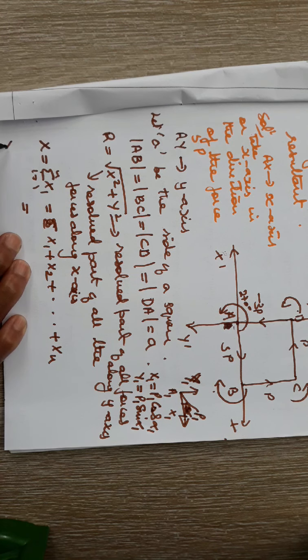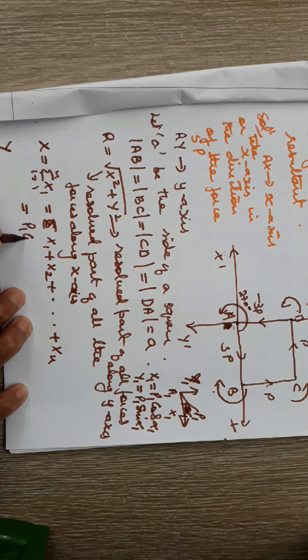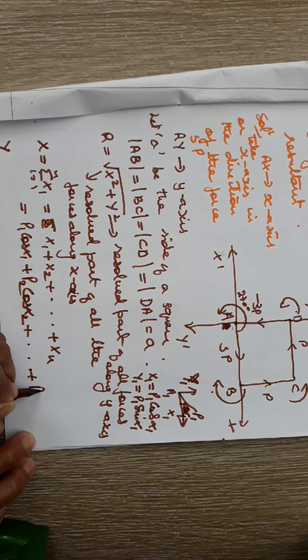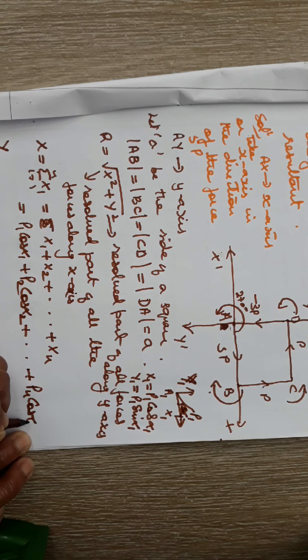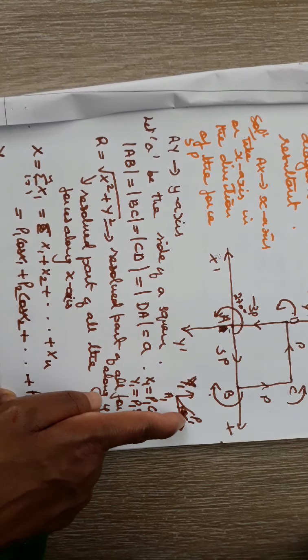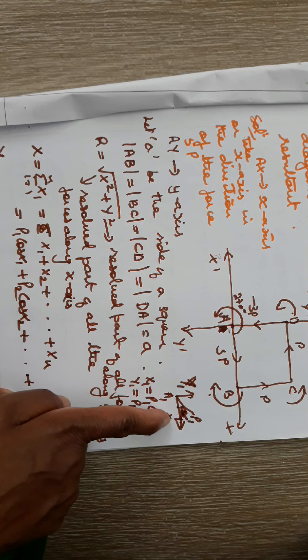Similarly, for X we have P1 cos alpha 1 plus P2 cos alpha 2 plus up to Pn cos alpha n, where alpha 1, alpha 2 and so on are the angles made by the forces P1, P2 with respect to the x-axis.